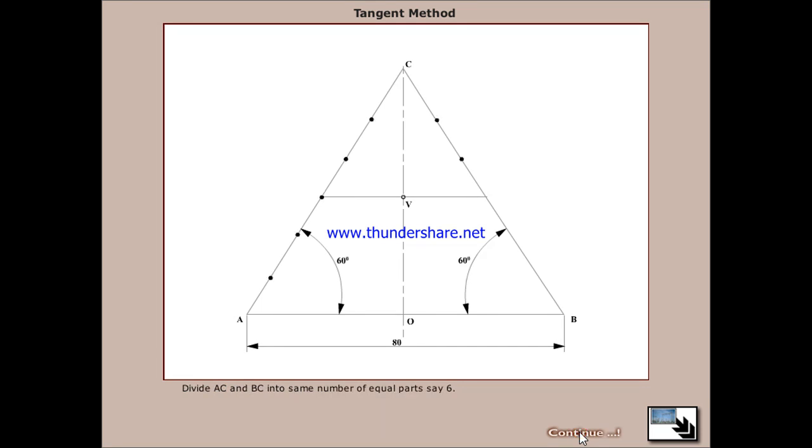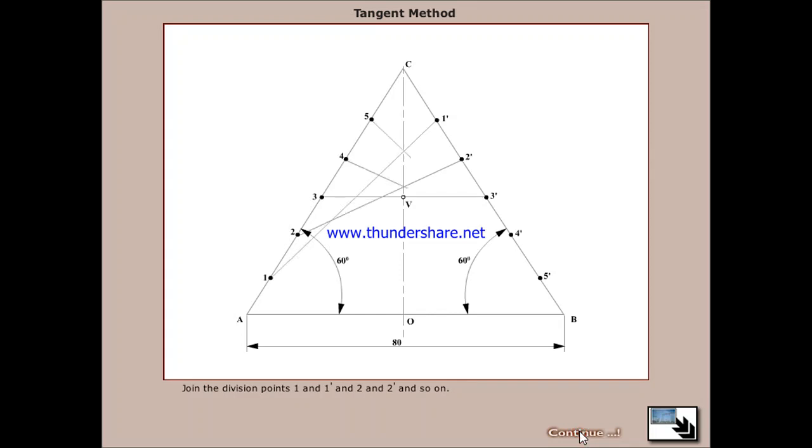Divide AC and BC into the same number of equal parts, say 6. Name the division points on AC and BC in order opposite to each other as shown in the figure, that is 1, 2, 3, 4, 5 on AC and 1', 2', 3', 4', 5' on CB.